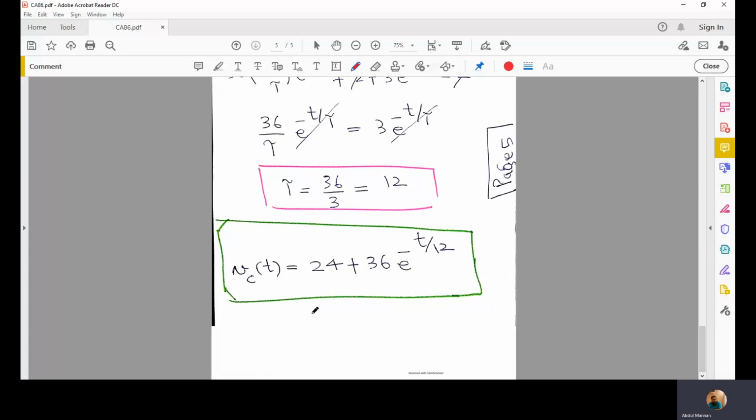So how is this plotted? If we put t equal to 0, the exponential term becomes 1, and 24 plus 36 means 60. So this is 60.